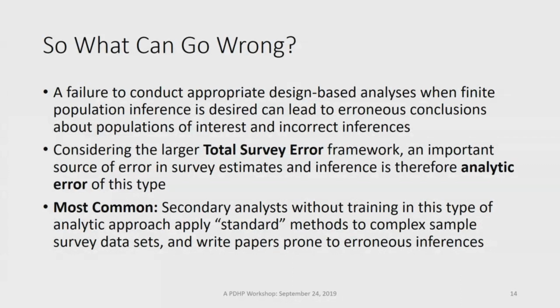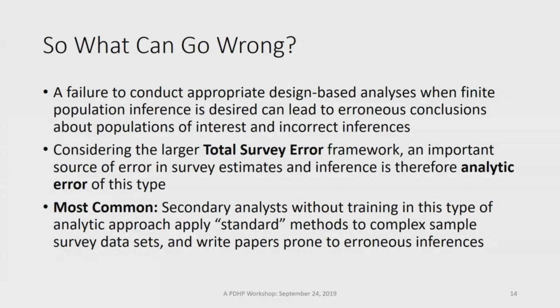So analytic error defined is when people take a survey data set and in that analysis, they fail to account for features of the design that affect the quantities that they're trying to estimate. And that's another piece of this larger total survey error framework, all the different components of the error in a given survey estimate.